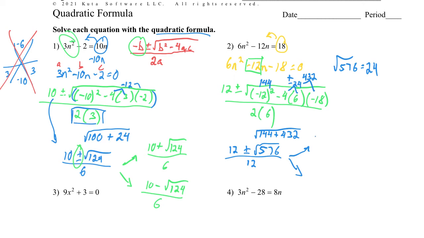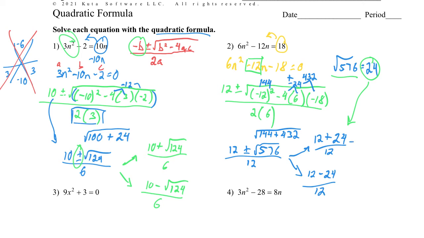So we have 12 plus the square root of 576. Yeah, 576 is just 24, so I'm going to just bring 24 down. So 12 plus 24 over 12, and then the other answer is going to be 12 minus 24 over 12.